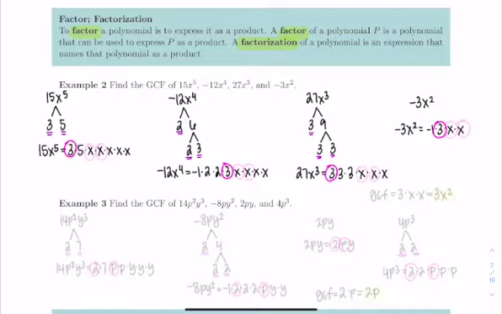Well, they have 2, because that's the smallest exponent on the x's. And so that means that the GCF between all 4 of these terms is going to be 3x squared.